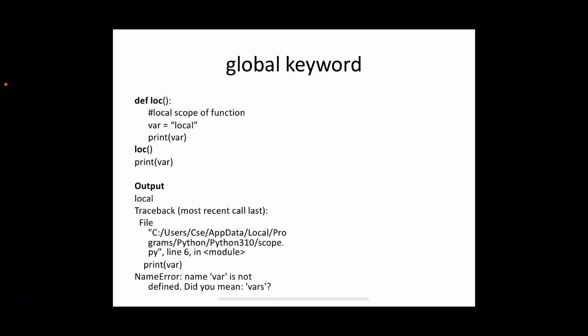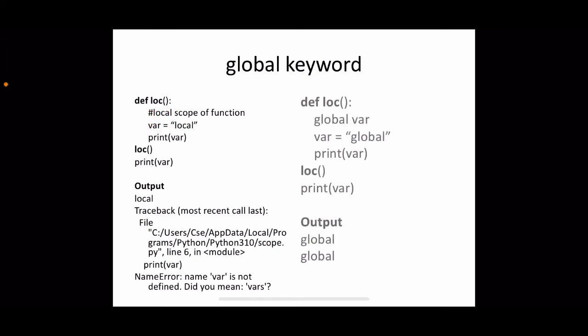So this is the output. For the first loc call, this print will be executed and local will be printed. And when we try to print the variable var outside this function, an error will be generated: NameError, name var is not defined.